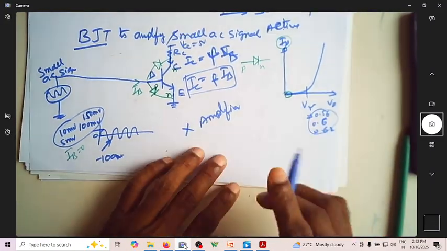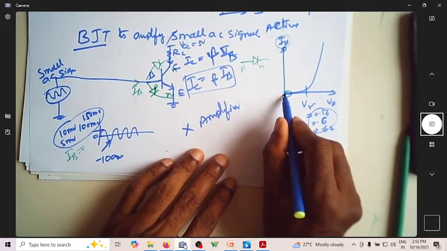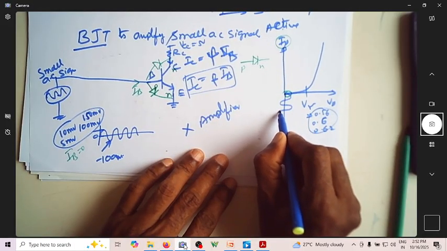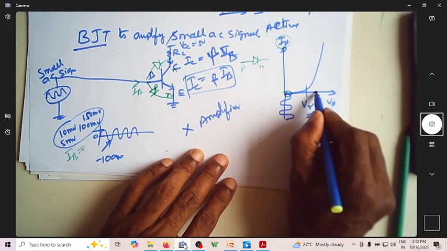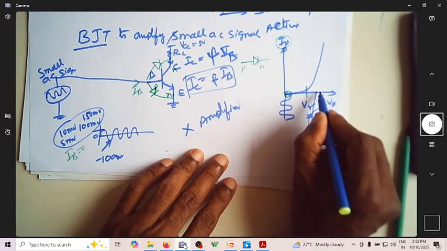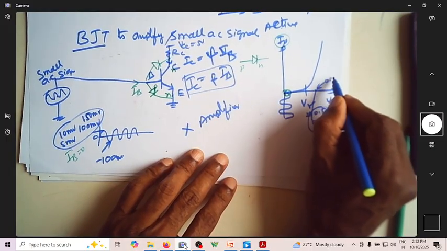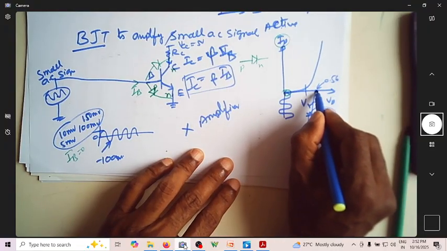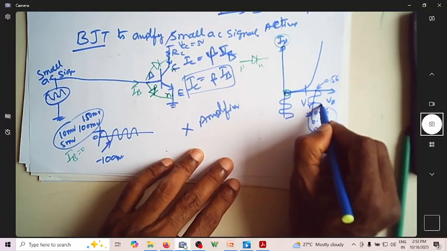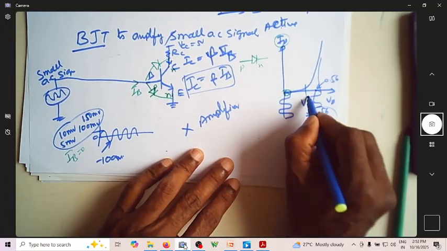Instead of applying the input signal around 0, suppose I apply the input signal somewhere here. Assume that here I have a voltage of 0.56. Now if I just vary it around this, can you see the voltage varies from this to this?